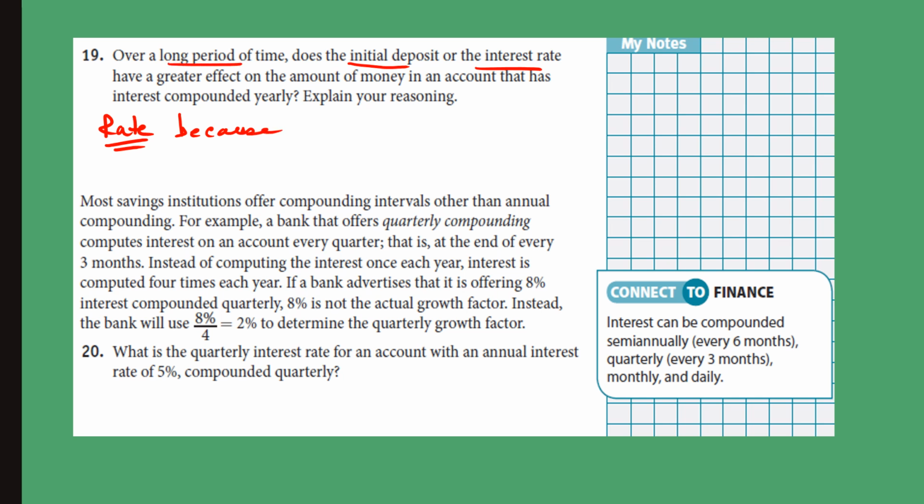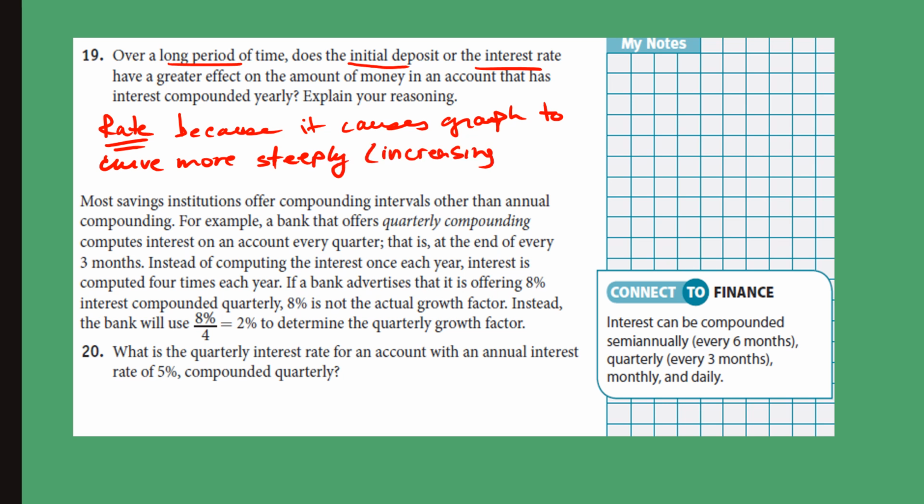On a short period of time, the initial deposit will be higher, but the interest rate that's higher will have the biggest effect because if we looked at a graph, let's say, it causes the graph to curve more steeply, which means it's increasing faster. So the interest rate that's higher will increase faster.